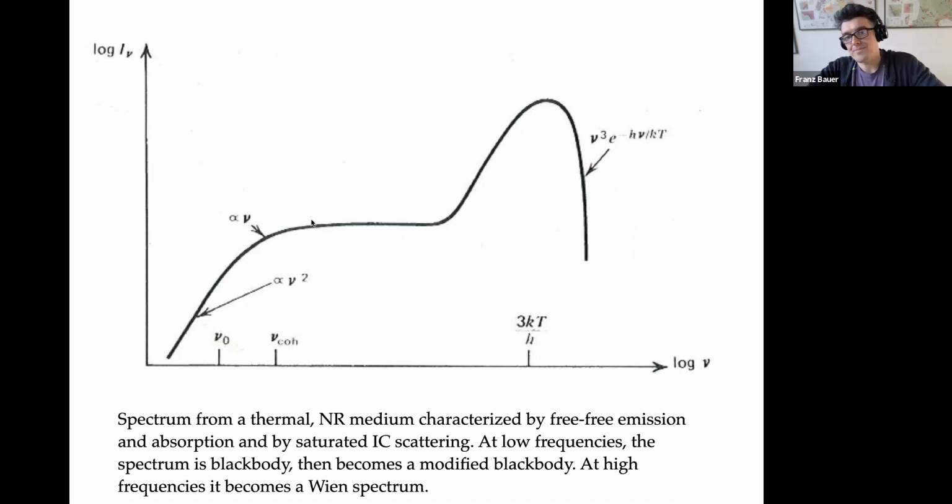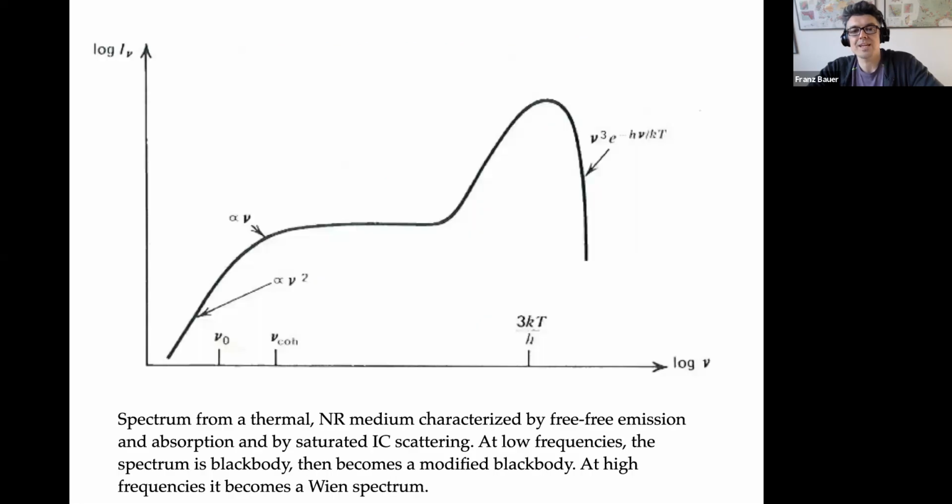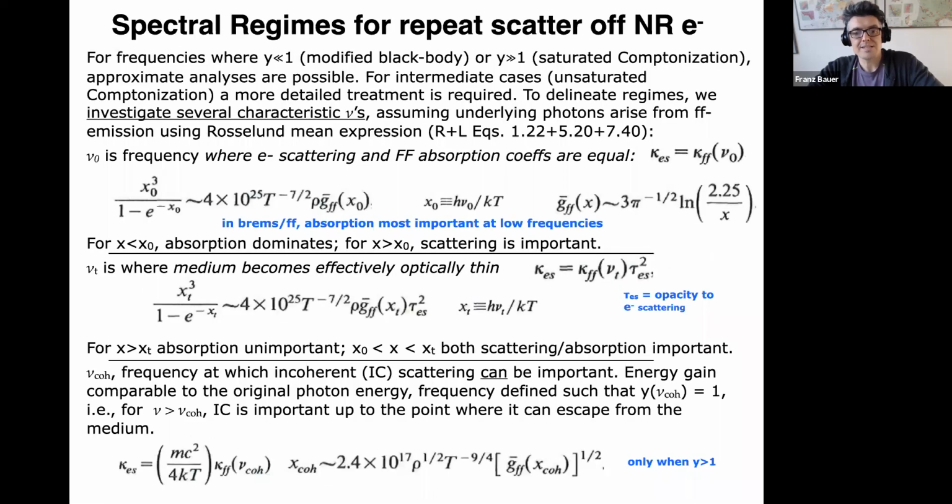It doesn't have to be flat. It could be something like this, it could be something like this, depending on exactly what the frequency dependence of this was, which we came to way back here. This thing does have a frequency dependence. And so this amplification is fine, but the scattering probability might change a little bit as a function of frequency.